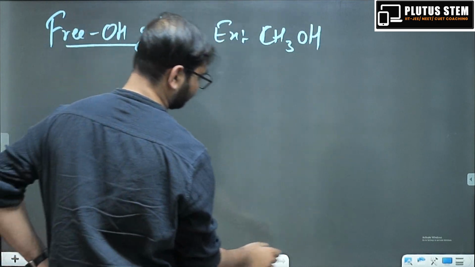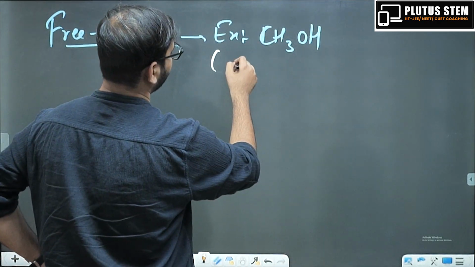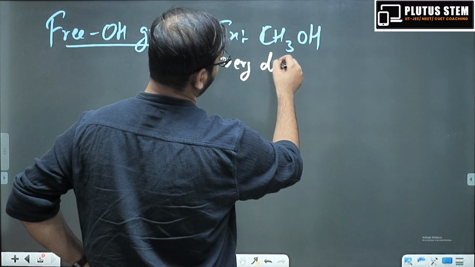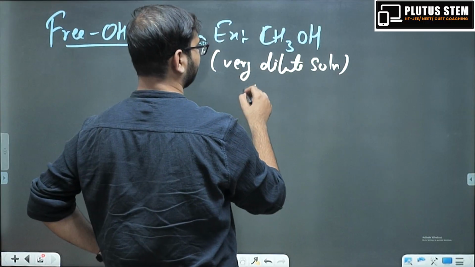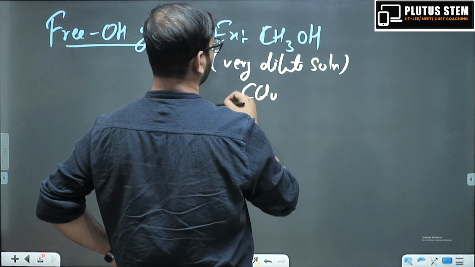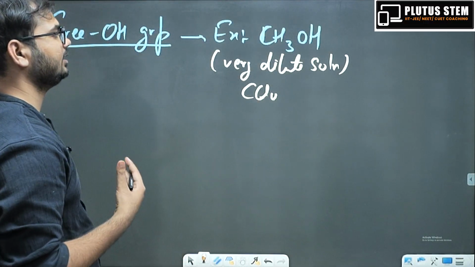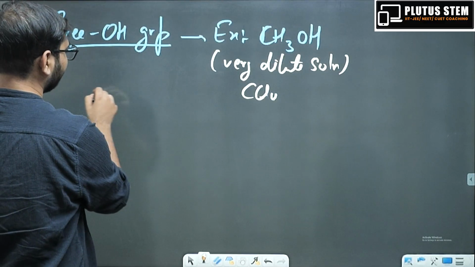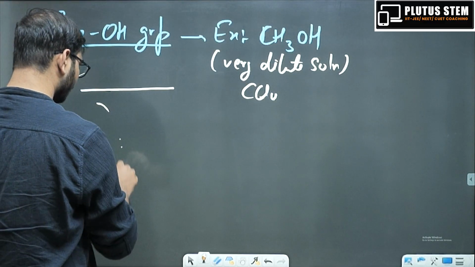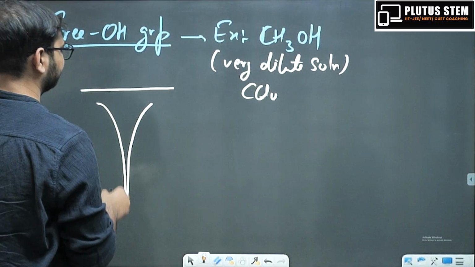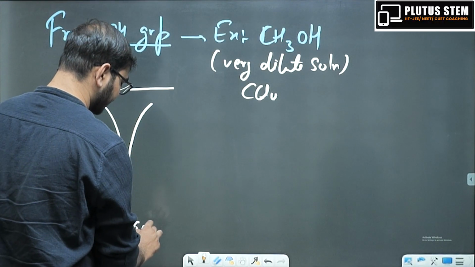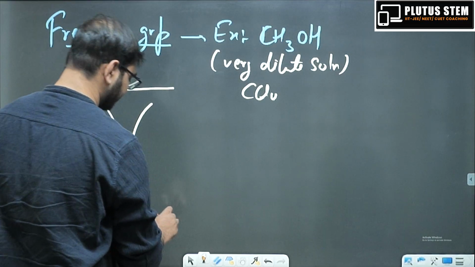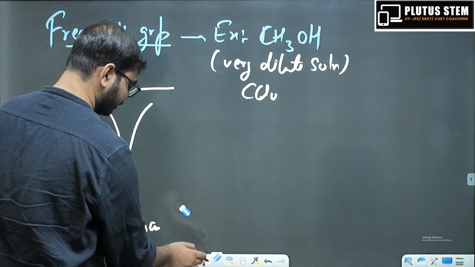For methyl alcohol in very dilute solution, the solvent that I am using here is CCl4 to avoid any interaction between the alcohol molecules. In a free OH group, we get a very sharp and distinctive peak at a wave number of about 3660 centimeter inverse.